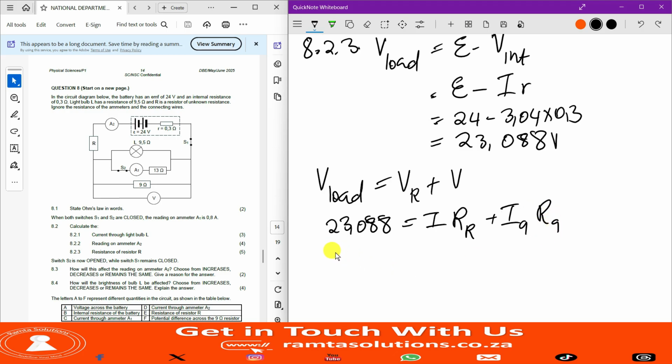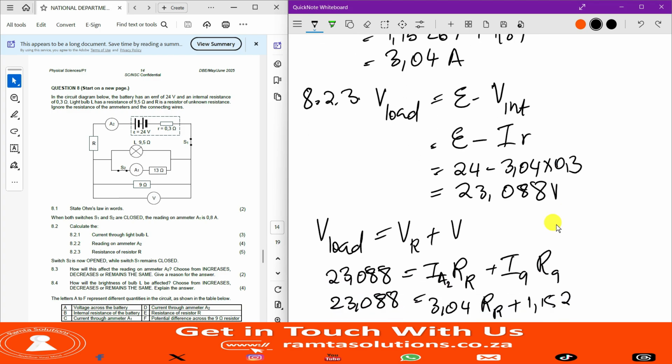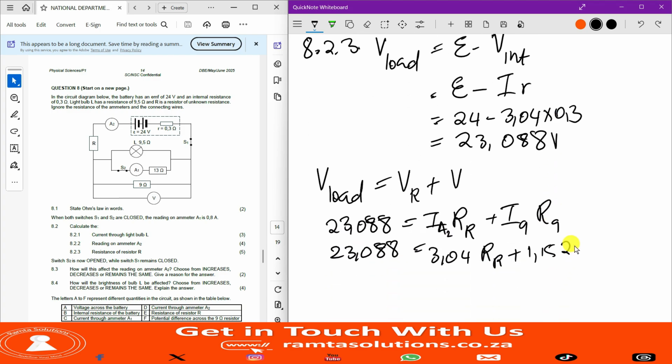Okay, so now let me do it. 23,088 equals I times resistor R. I know this I is the total current, which is flowing at A2, which was 3,04, right? And this one here was 1,15267, right?